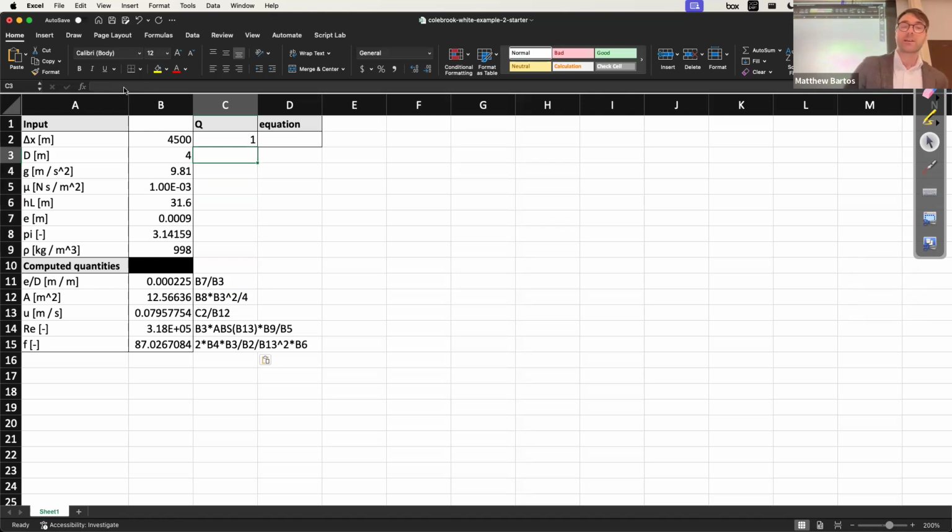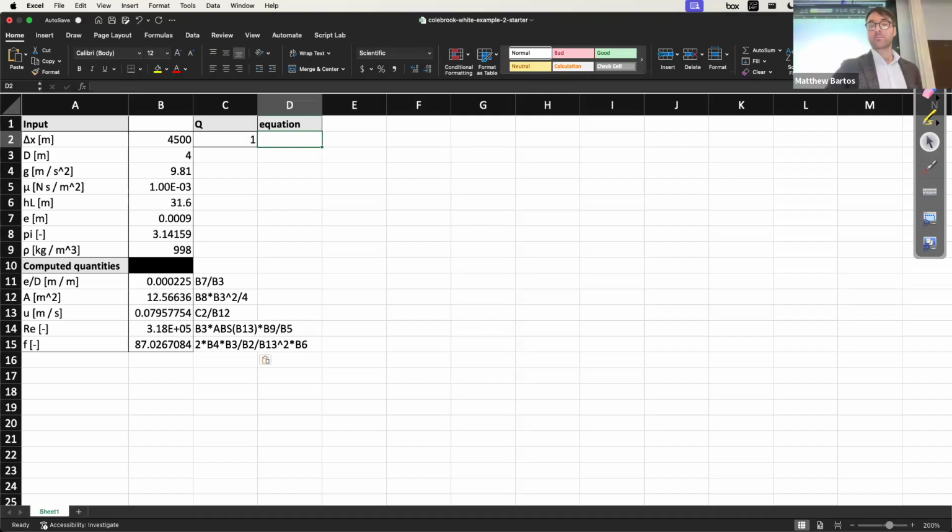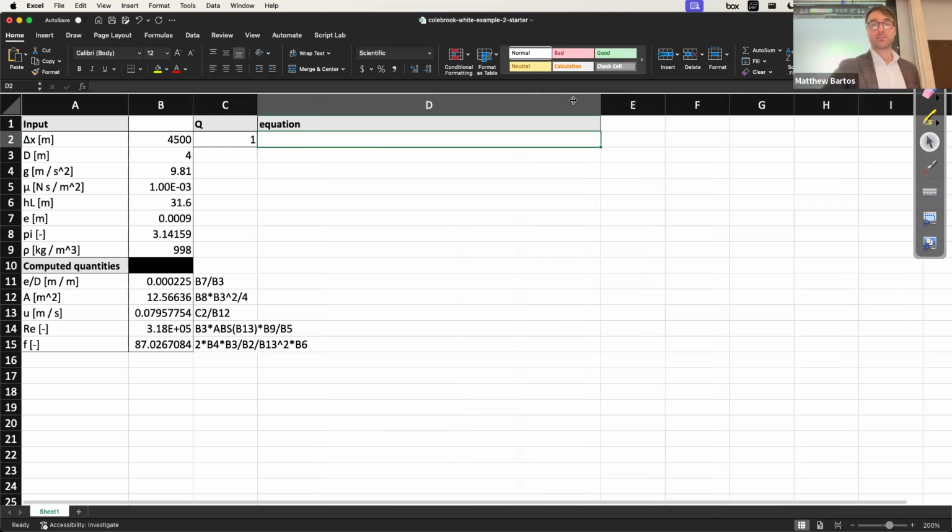So that takes care of all of our computed quantities. Next we are going to define our objective function. For our objective function, I'm going to use our expression for the Colebrook-White equation, and I'm going to want to make that equation go to 0. So again, we're using this second equation as our objective function. We want it to converge to 0. Let me type that in.